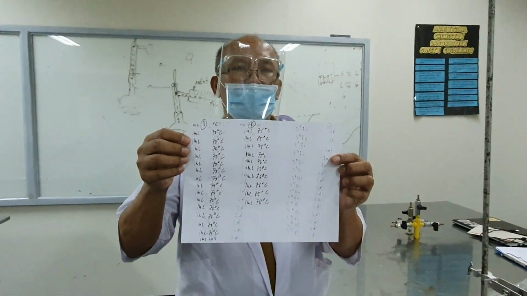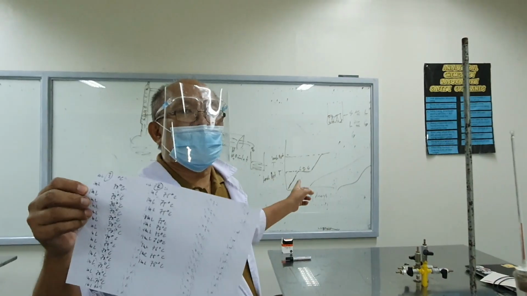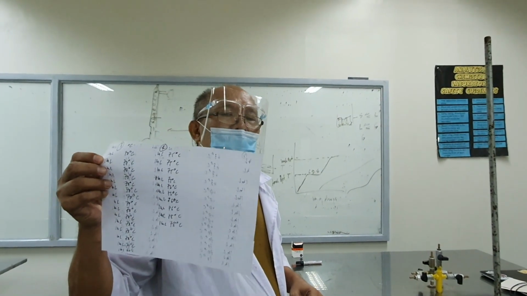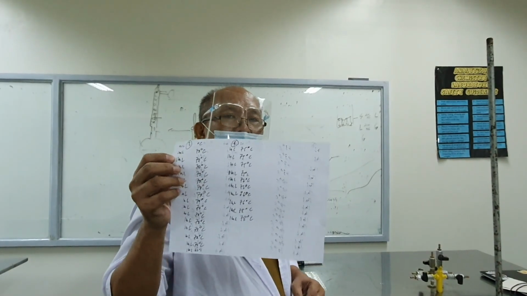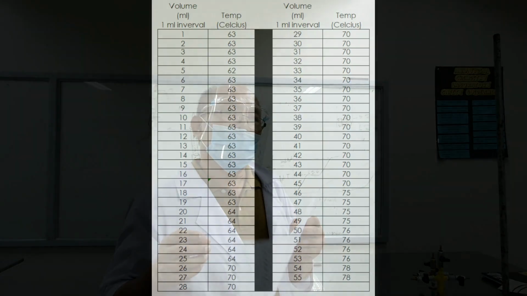So what you're going to do, you plot according to the board, no? Temperature versus volume by 1 ml. Okay? So plot that and submit the profile.